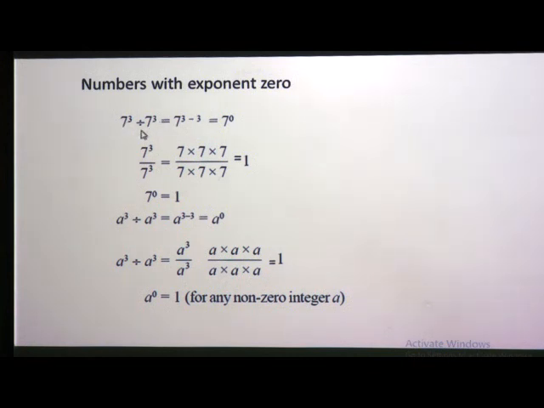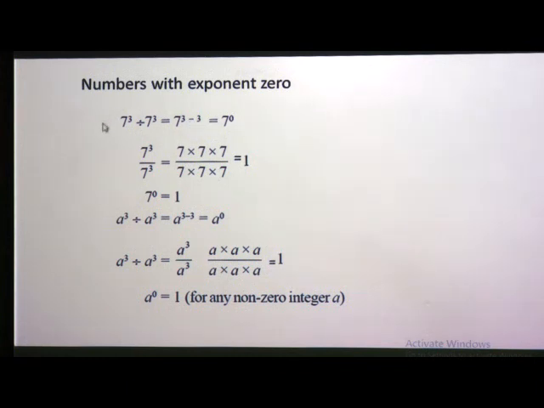Now, you know if it is division, it is in the denominator. When you are taking a power, or we can say exponent, from the denominator, it goes in a subtraction form. So, we write here 7 to the power 3 minus 3.